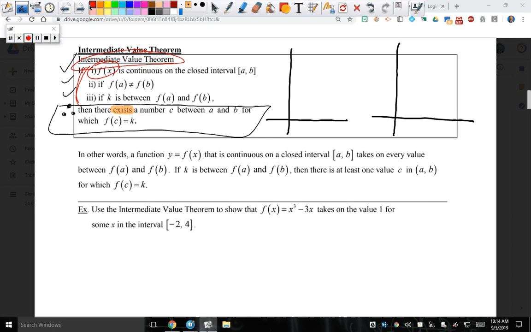So here's A, here's B, and we're saying at A there's a closed point, and at B there's a closed point. It could even look like this: at A you could have a negative closed point, and at B you could have a positive closed point.